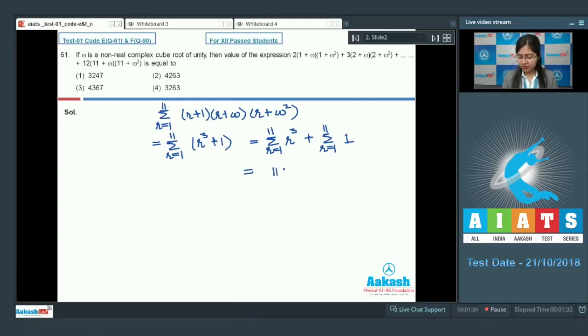So it will be 11 into 12 upon 2 whole square plus summation of 1, 11 times, which is 1 into 11, that is 11. So this is equal to 66 whole square plus 11, which is equal to 4367. So the correct answer is option number 3.